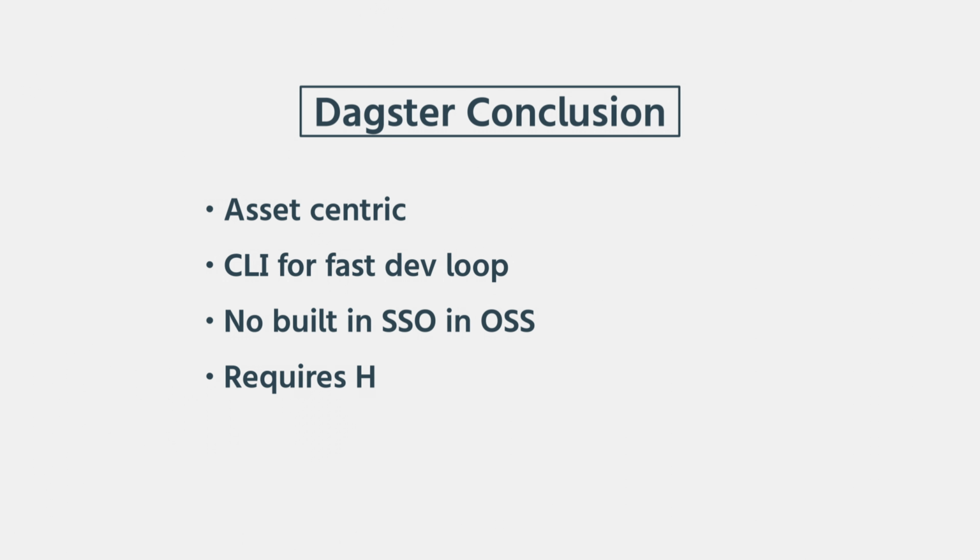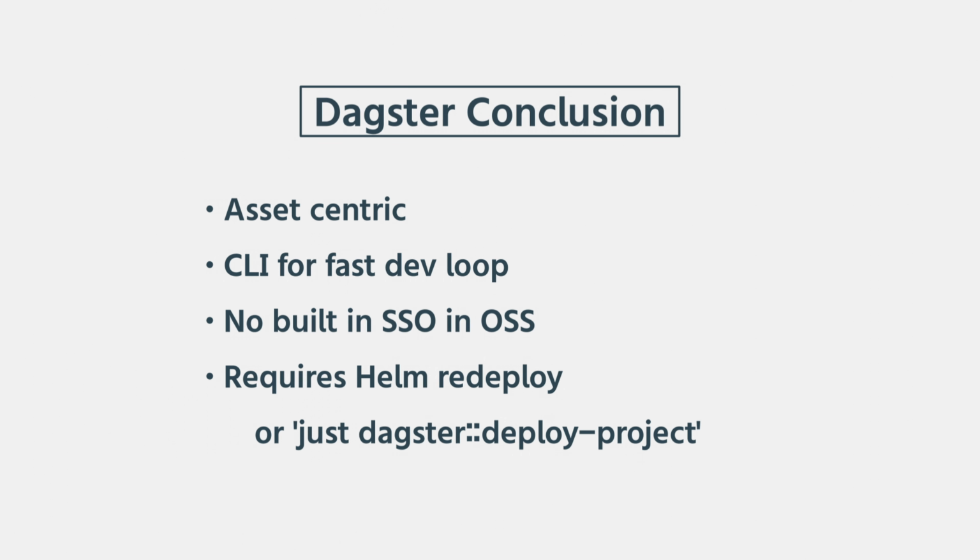We confirmed the DLT pipeline runs in Dagster. Dagster is asset-centric and pairs well with DLT and DBT. The CLI makes local dev and scaffolding quick. There are trade-offs today. The OSS edition has no built-in SSO, so put a reverse proxy in front of the UI. And each new project typically means a Helm redeploy, unless you use the dynamic deploy workaround we showed with just dagster deploy project.